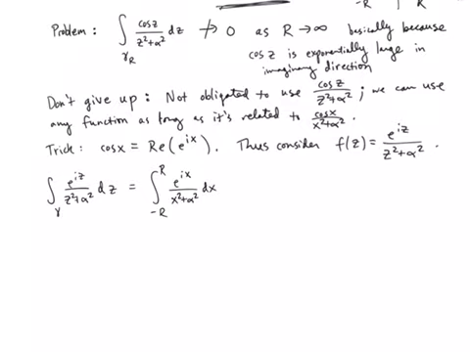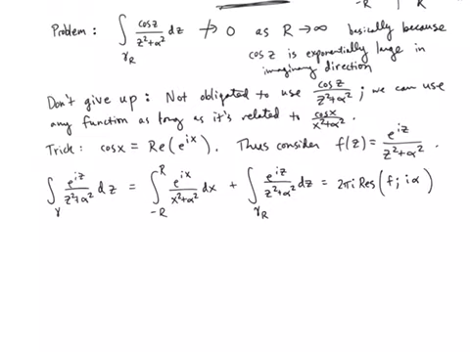So that's the part along the x-axis, along the real axis, and then plus the integral along gamma r of e to the iz over z squared plus alpha squared dz, and that has to be equal to 2 pi i times the residue at the one pole of our function, which is going to be at i alpha, of our function f at i alpha.